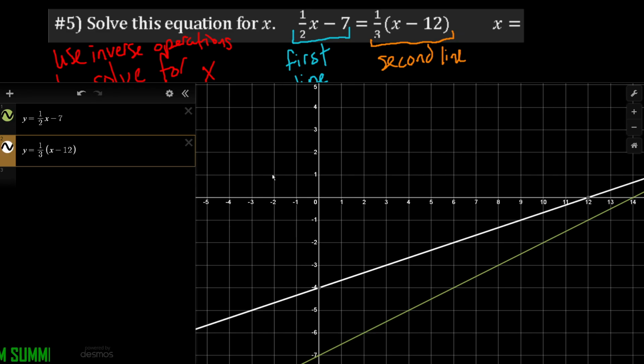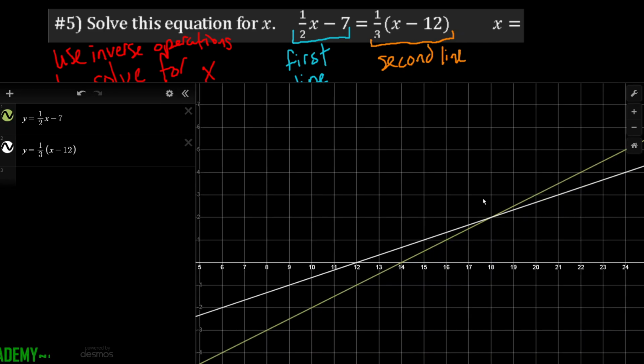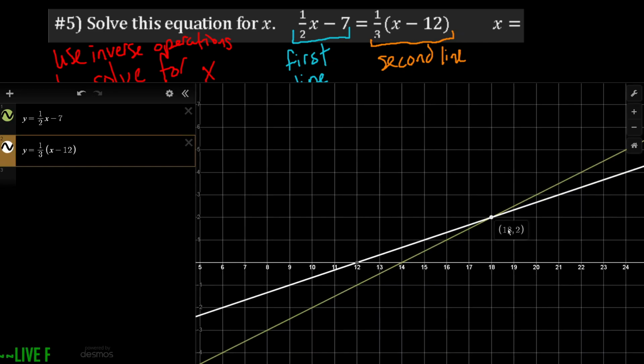All right, so here's our two lines. Notice how I can find where they intersect, and so I'm going to say this is going to be that point of intersection. So at point (18, 2) is where they are equal, and so for this one, we would say x is going to be 18 because that solution point is (18, 2).